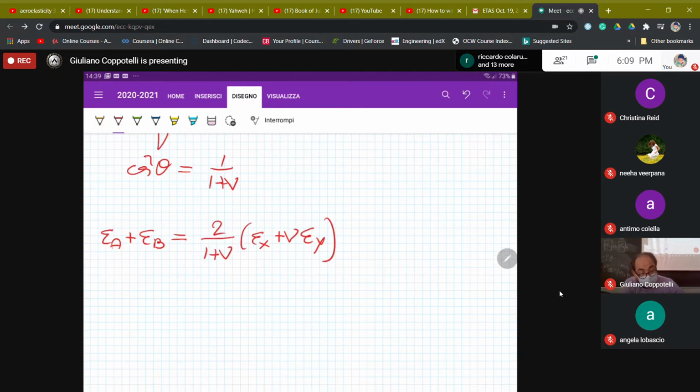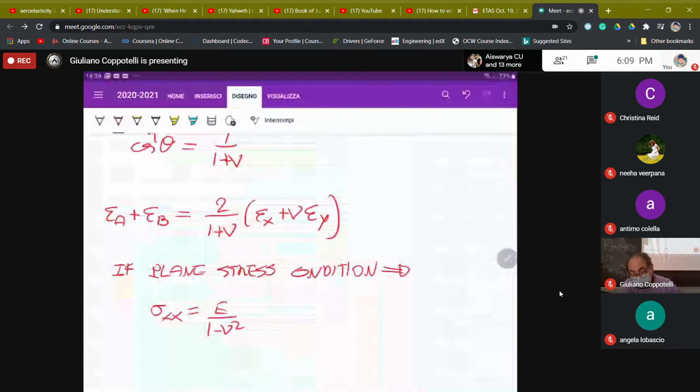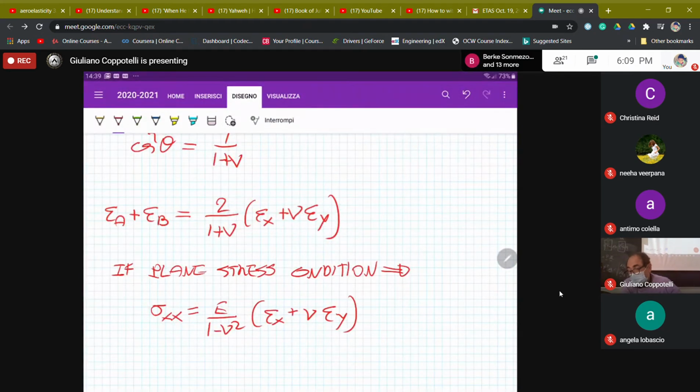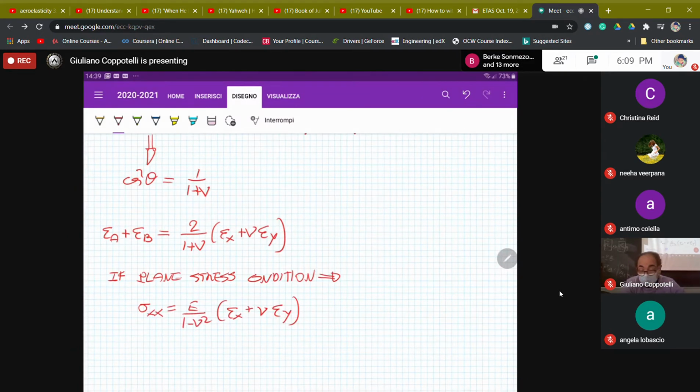Once again, if we are in a plane stress operating condition, then this normal stress is equal to this equation. Now, we are almost there.